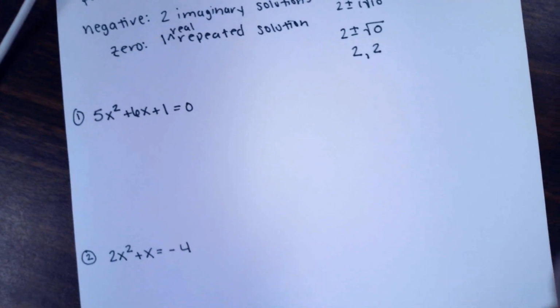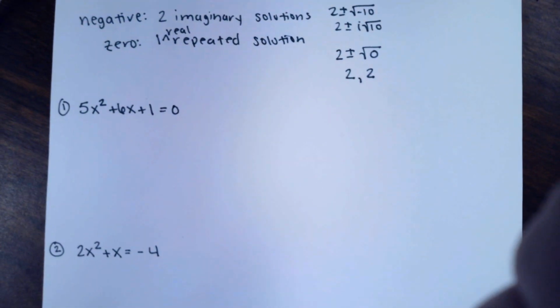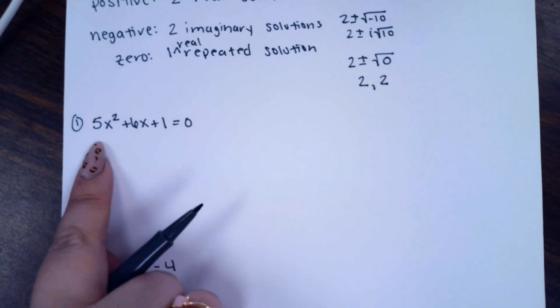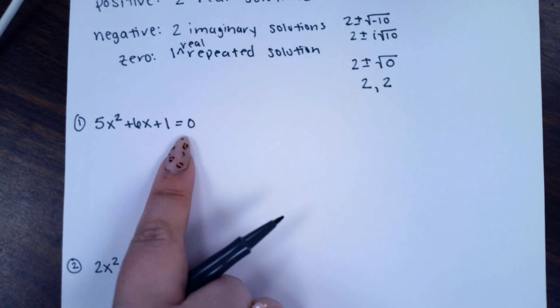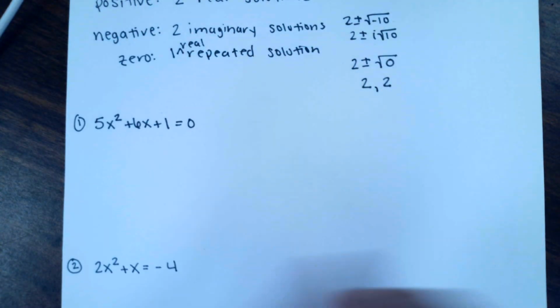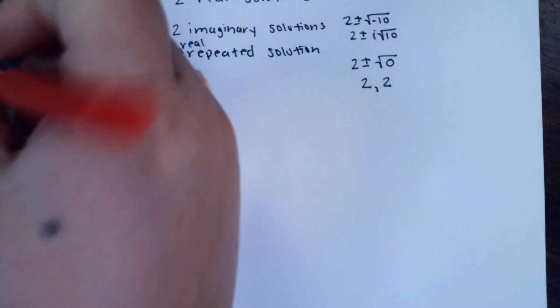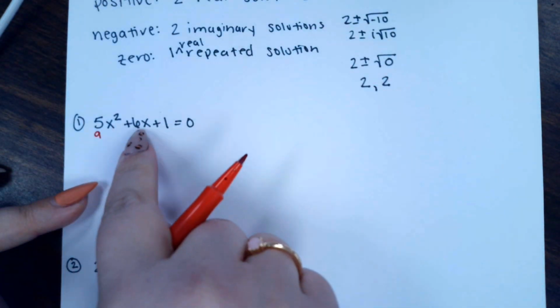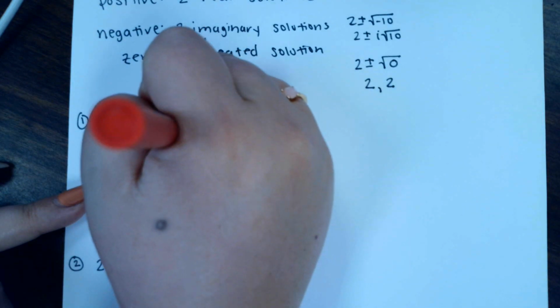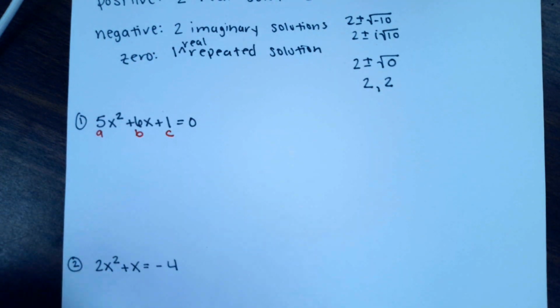All right, so let's take a look at some examples. The first one, okay, so we have this quadratic here. So 5 is A, 6 is B, and 1 is C. We're not solving using the quadratic formula, so we don't need the whole formula. We just need the discriminant.